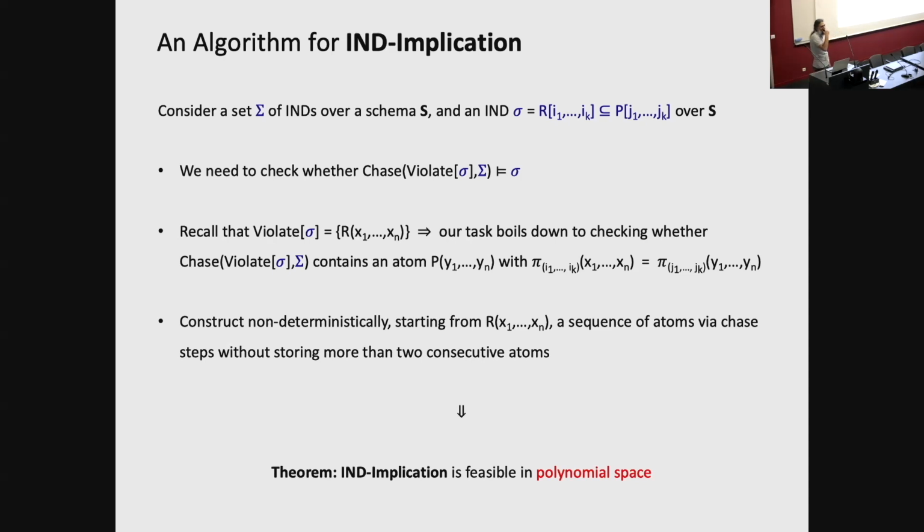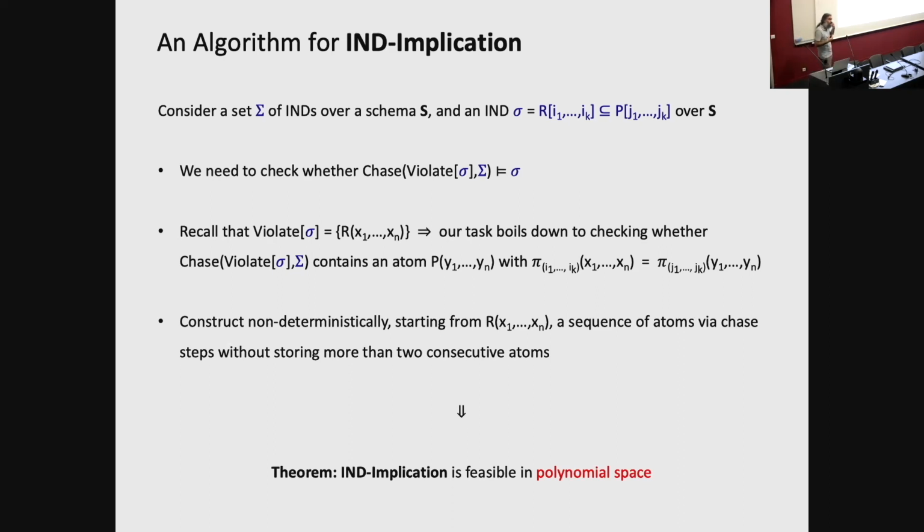Yeah, please. I was just curious to understand if this space upper bound is obtained by some automaton. No, I believe that you could, but the algorithm that I just described is really a chase-based algorithm by non-deterministically building this portion of the chase, right? And that's it. But I don't store all of them.